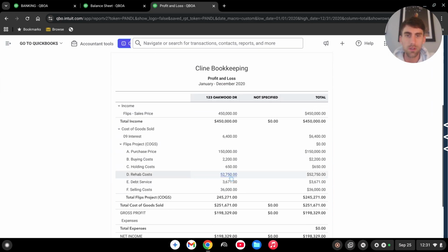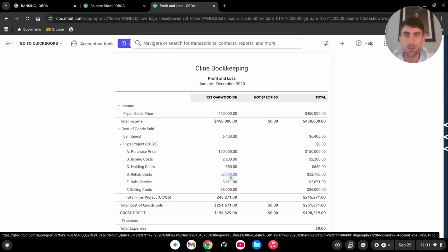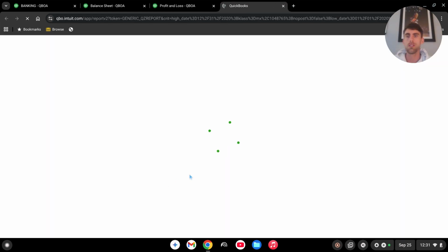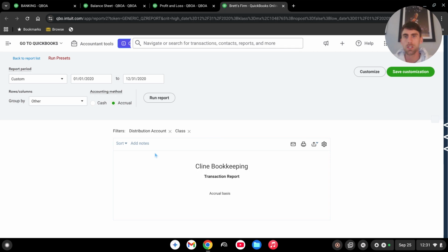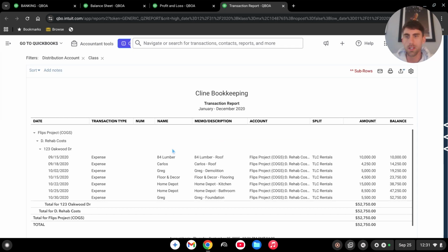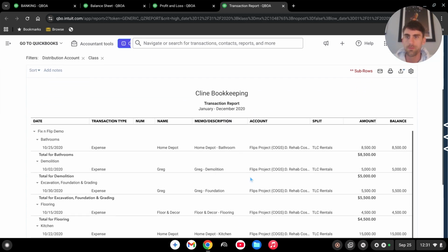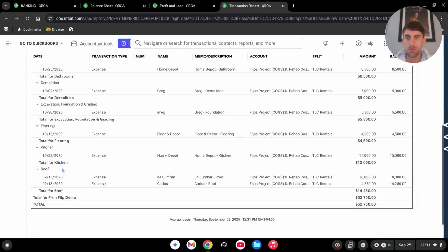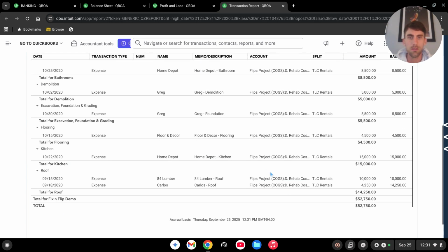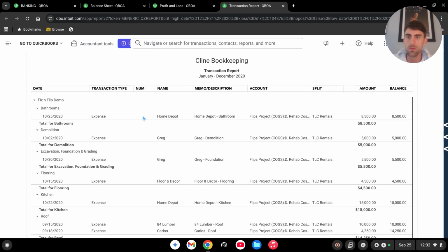And then if you ever wanted to go into your rehab costs, you can see that full level of detail within your project of how much you spend for each individual piece of the project. So you would group this by products and services, and now you have this full level of detail, which is pretty cool.